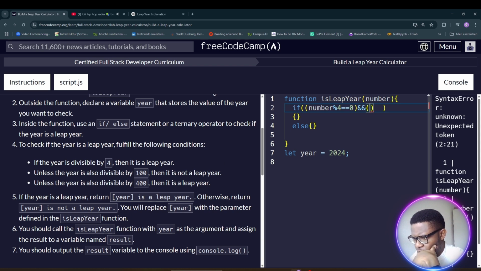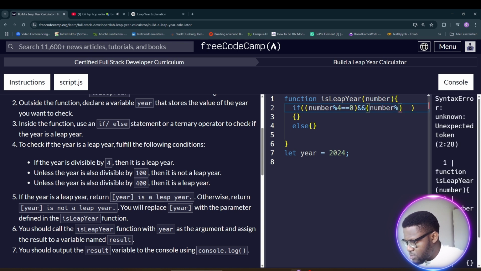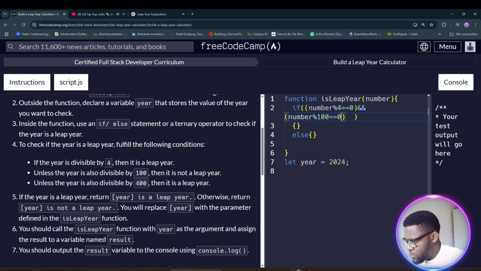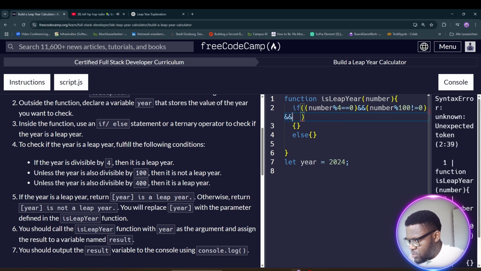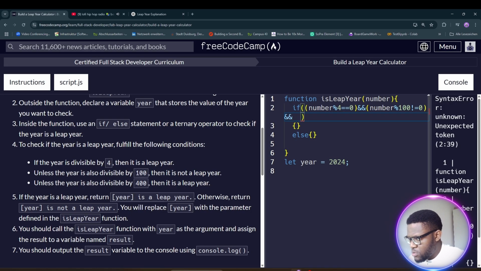So unless the year is also divisible by 100, then it's not a leap year. So number, that is not equal.